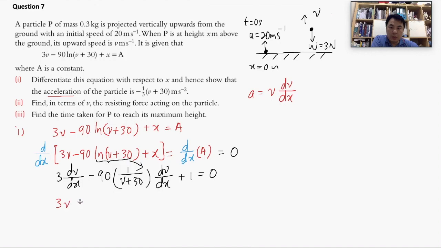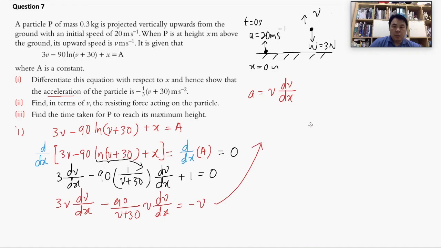So we have 3v dv dx minus 90 over v plus 30 v dv dx equal to minus v. Then I'm going to bring this over to the other side. So from here we have 3 v dv dx is 3 acceleration minus 90 over v plus 30 acceleration also equal to negative v.